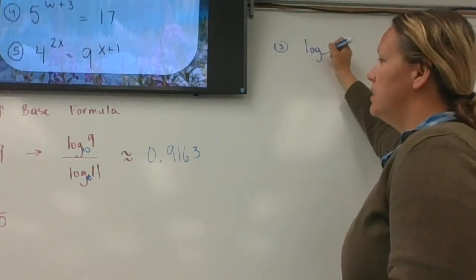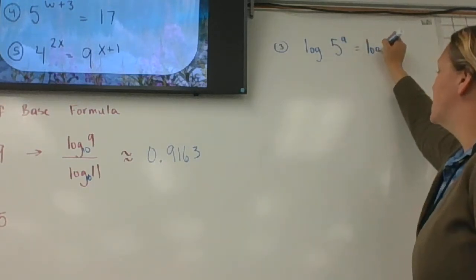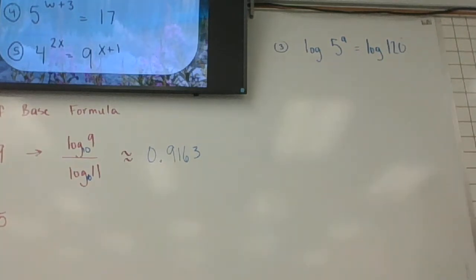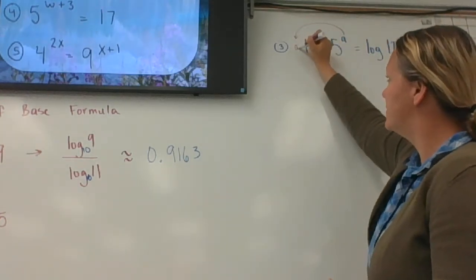So we're gonna write the log on both sides. It's the same problem. I just wrote log. And so that was step 1 if you look at Friday's notes. Step 2 is to use the power property and put this guy to the front.